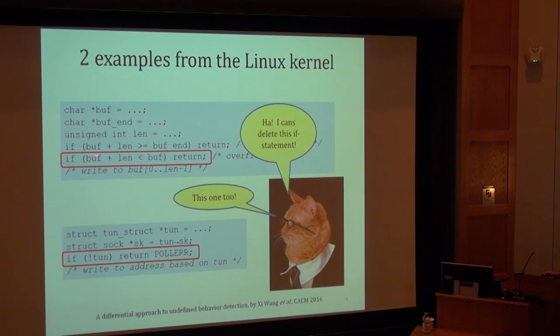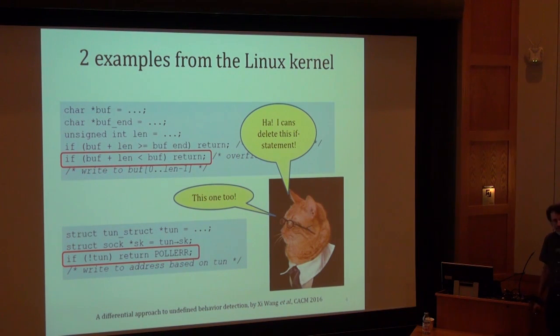Well, how could buff plus len be less than buff? Len is a non-negative number. Well, buff plus len is less than buff if it has overflowed what you can fit in one pointer value, and it's wrapped around memory. And if that's the case, we don't want to write past the end of memory. So this very reasonable looking code is in the Linux kernel.